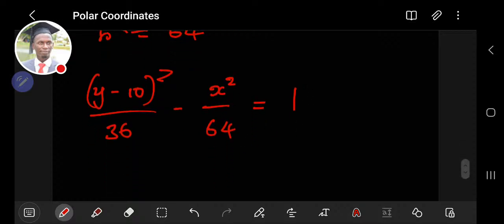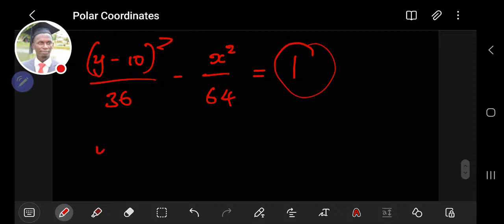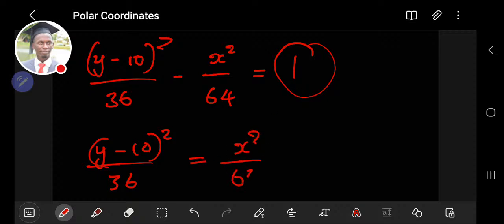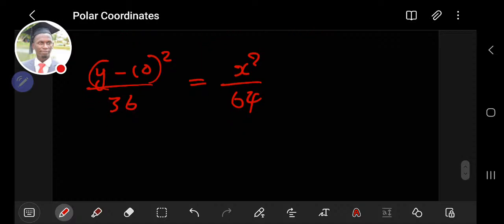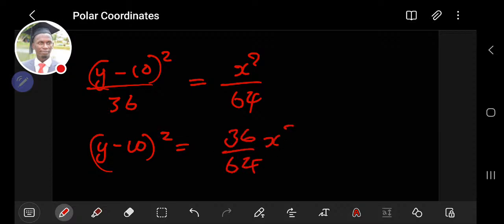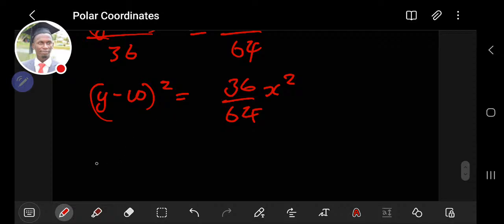So to find the asymptotes, just make this a 0. We're going to have y minus 10 squared over 36 equals x squared over 64. Then solve for y. We end up with y minus 10 squared equals 36 over 64 times x squared. From here, square root both sides.